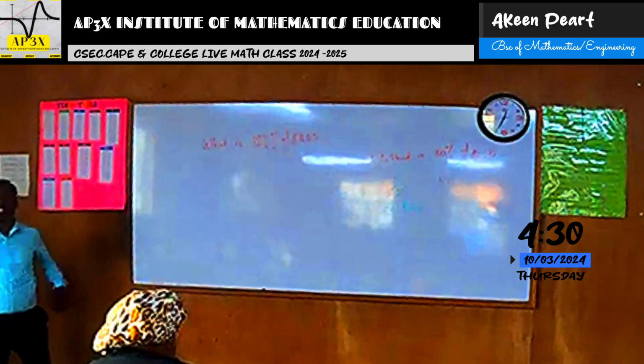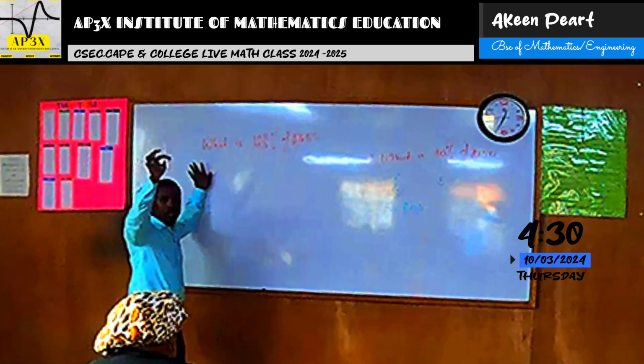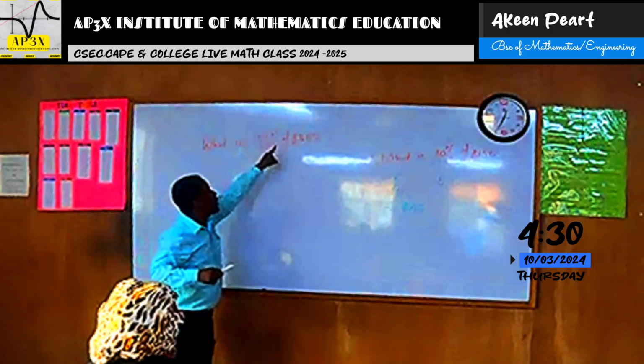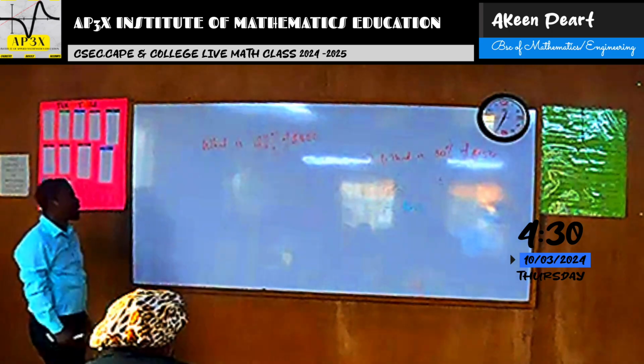What is 12.5, for those who can't see because of the marker? What is 12 and 1/2% of 1,600?